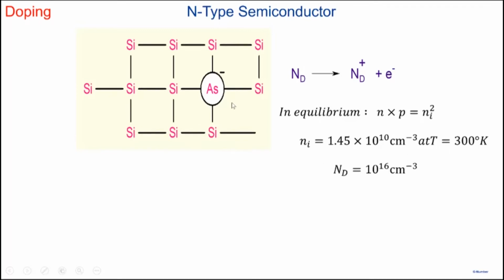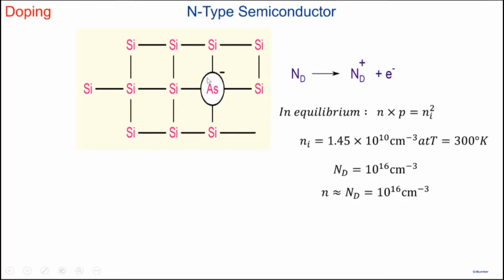Each arsenic atom will donate an electron to the conduction band. So if we have, let's say, a typical donor density Nd equal to 10 to the power 16 per centimeter cube, then the number of electrons will be practically equal to the number of donor atoms that you've added here, Nd equal to 10 power 16.